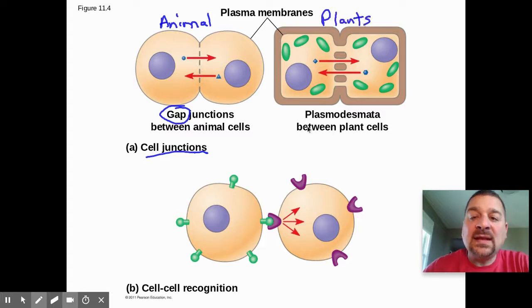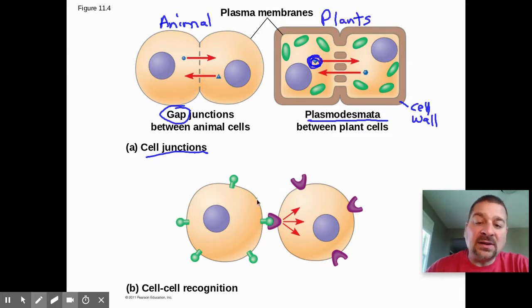In plant cells, they have what are called plasmodesmata because they have this extra cell wall, which animal cells do not have. These little openings called plasmodesmata allow the cytoplasm between the two cells to communicate with these little chemical signals right here. And sometimes it's on the surface of two different cells when they come in contact with each other.